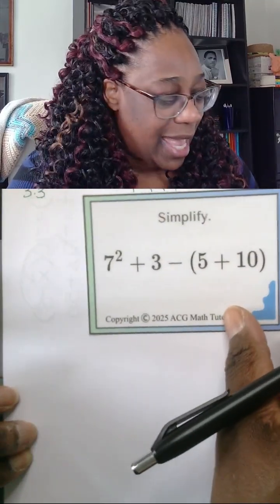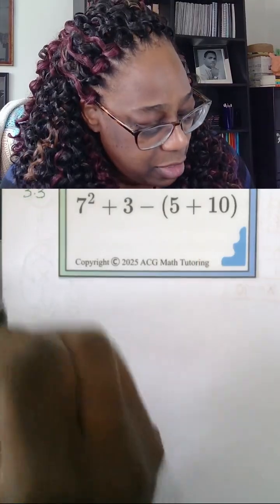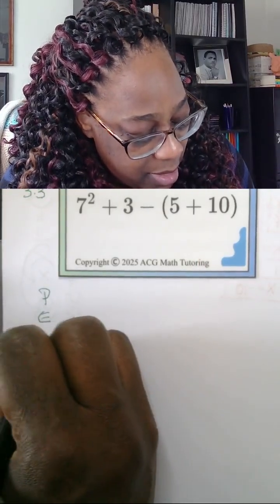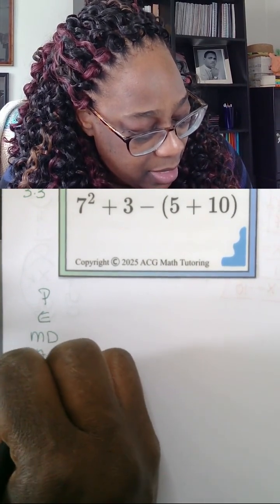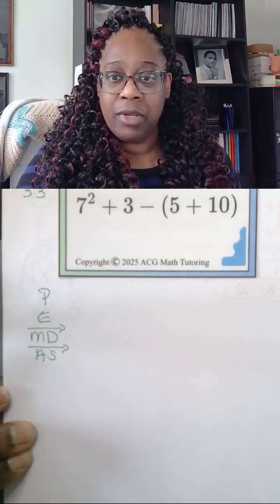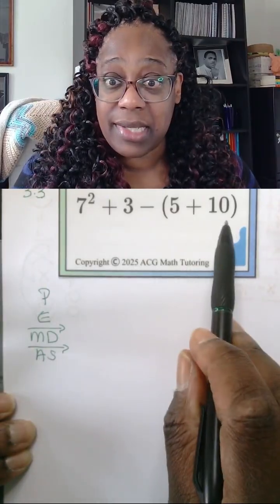So, again, let's take a look. Let's raise it up. So we have, please excuse my dear Aunt Sally, from left to right. Okay? So first thing, hey, we got parentheses this time.